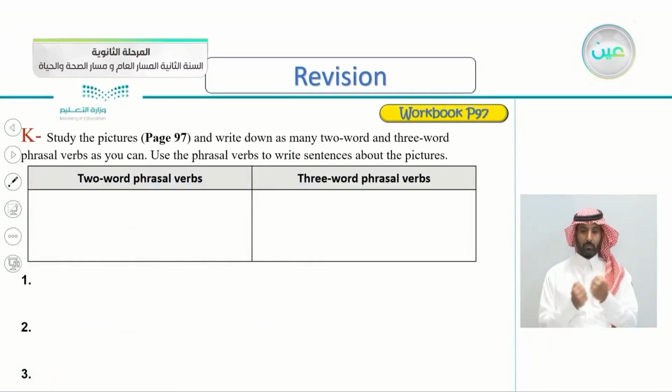Exercise K here, page 97. So turn to page 97. Study the pictures. Open page 97 and look at the pictures and write down as many 2-word and 3-word phrasal verbs as you can, if you remember them.